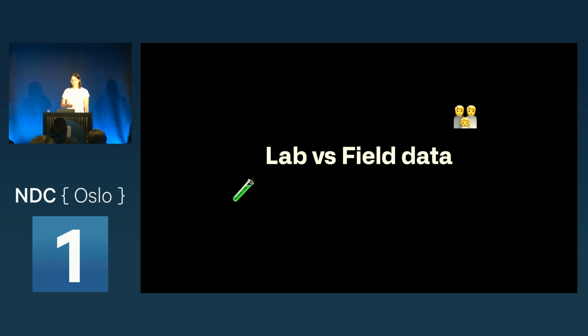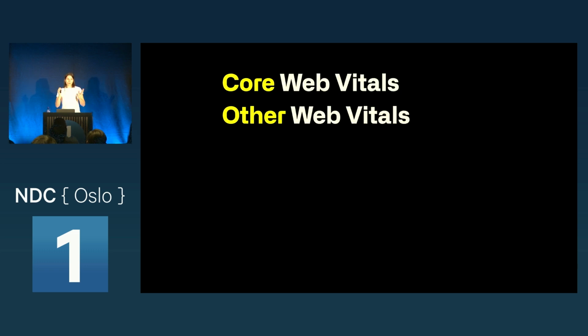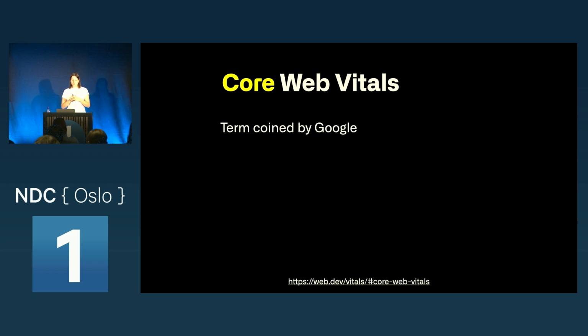Going back to metrics. There are two pools of metrics that are known. First is Core Web Vitals, and another is Other Web Vitals. We'll talk about the difference between them. So the Core Web Vitals term was coined by Google. Actually, Other Web Vitals as well, but I don't think Other Web Vitals is a specific term.